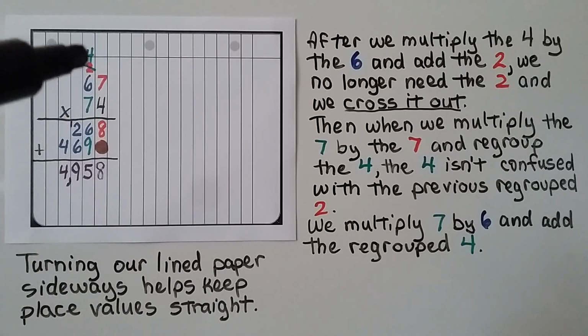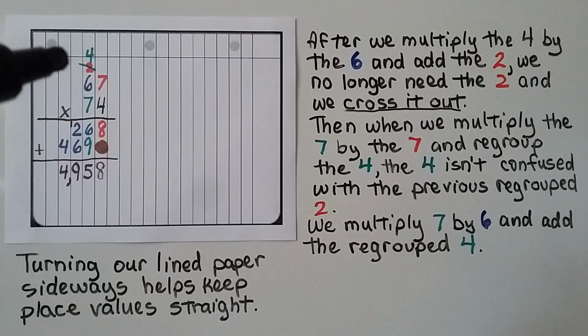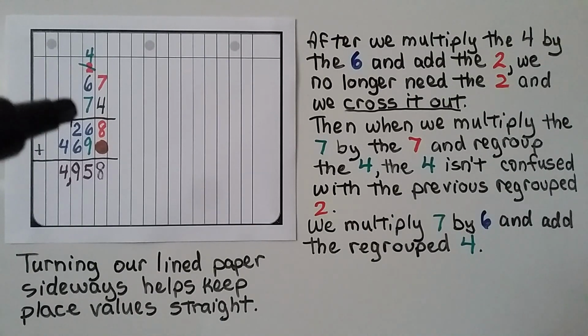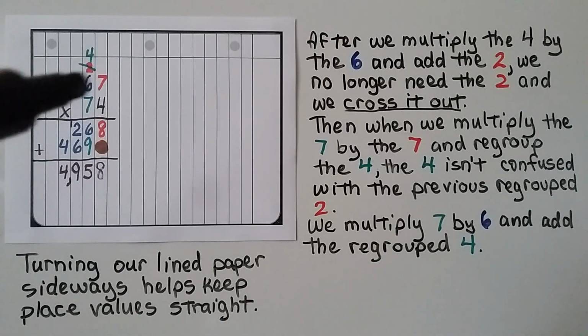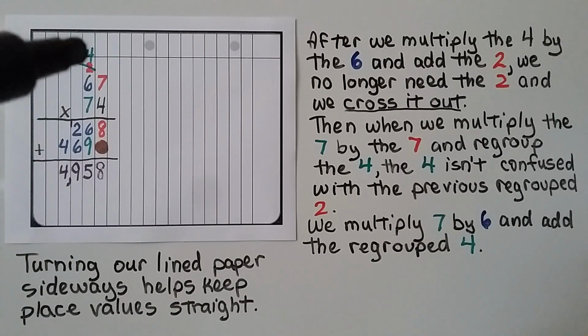Now, we're finished with that regrouped 2, and we don't need it anymore. We already added it to the 24, so we cross it out. Now, when we multiply this 7 times the red 7, that's 49, and we regroup the 4 from the 49. The 4 isn't confused with the previous regrouped 2 because we crossed it off.